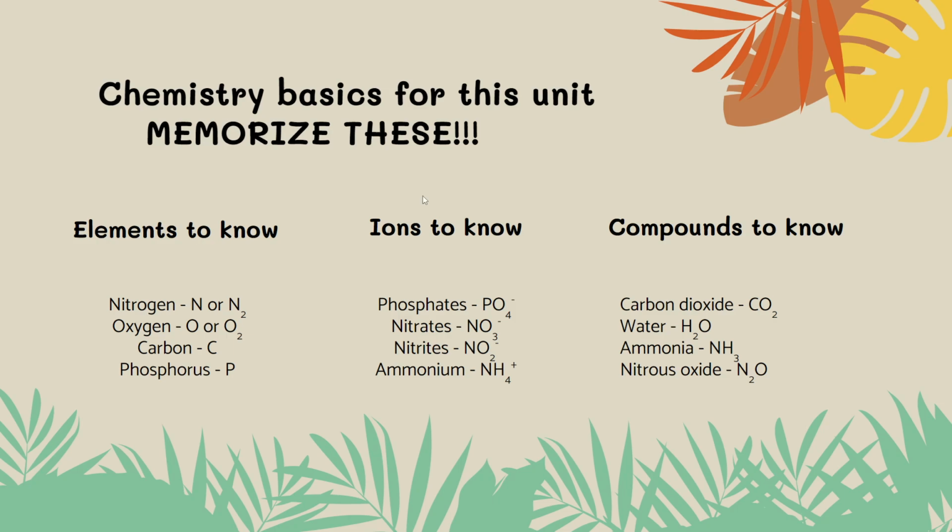So for nitrogen, you need to know that it's both the capital N or N2, and oxygen O or O2. Otherwise, if it's just the single formula, then that is the only way that you need to know that element, ion, or compound. These are things that you will be quizzed on, and they are also things that if you misidentify them in an FRQ, you will lose your point.